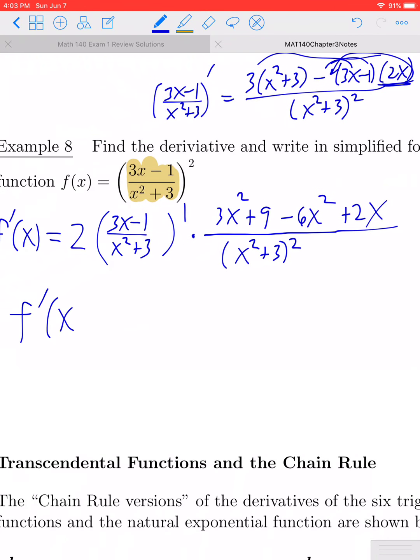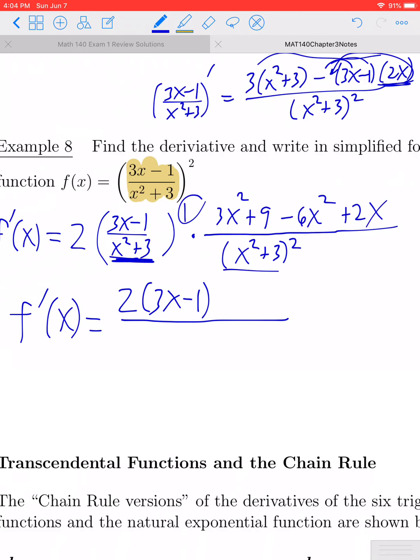So we have f prime of x is equal to... Notice that what I have right now in this numerator, I'm going to write it like this. We have a 2. We have a 3x minus 1. This whole thing was to the first power. I have 1 power of x squared plus 3 here. We have 2 powers of x squared plus 3 there.